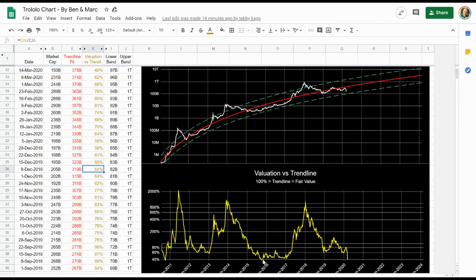The highest undervaluation was at the end of 2015, when Bitcoin went from a low of 155 US dollars to $300, $350, and then, before the bull market really took off, it tested the bottom and went down from about $300 to about $200. It didn't go to $150.